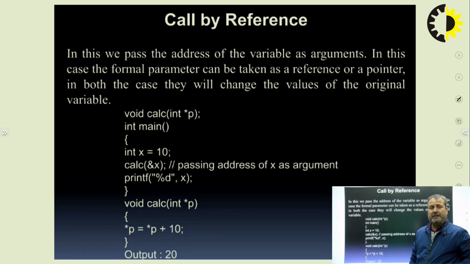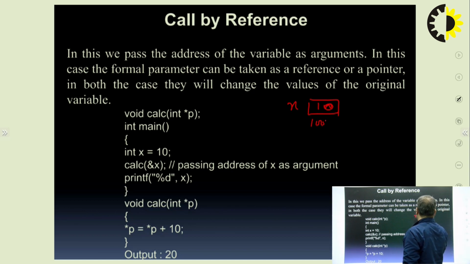Call by reference: we can pass, like I said, the address of the variable, like x. Suppose x equal to 10, and its address is 1000. If we pass the address, this address 1000 is going to stay in the pointer.